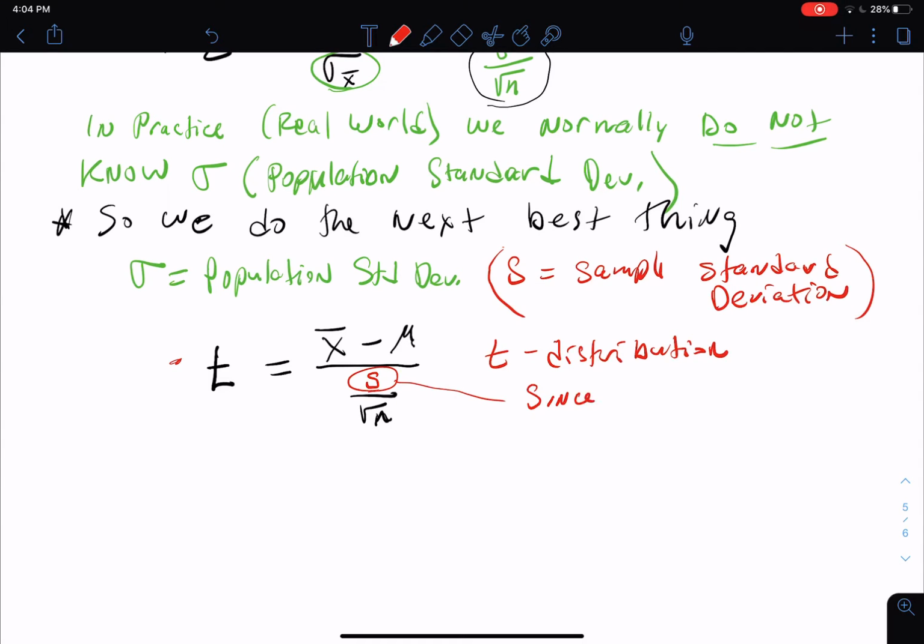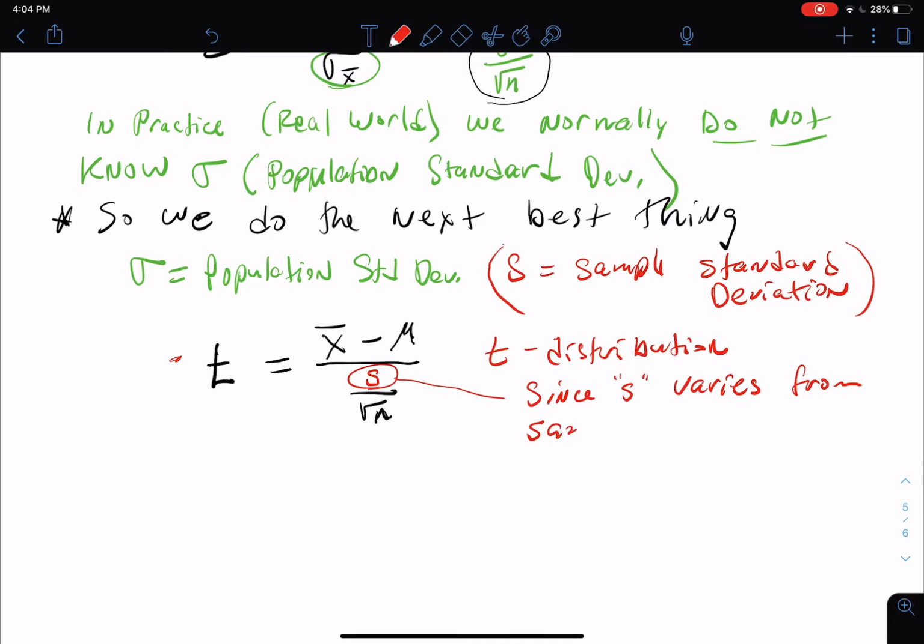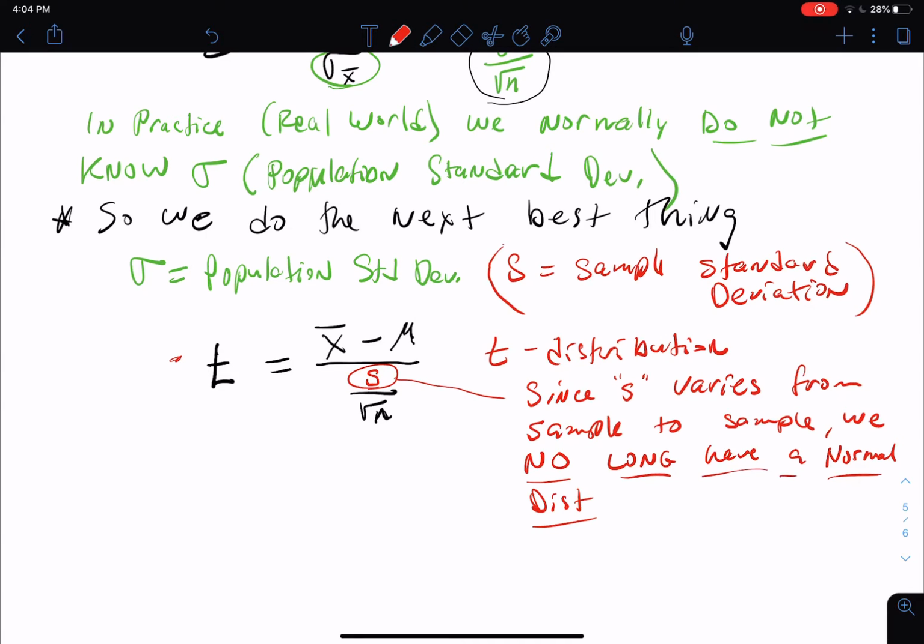Since s varies from sample to sample, we no longer have a normal distribution. Now, no longer having a normal distribution, that's a real problem.